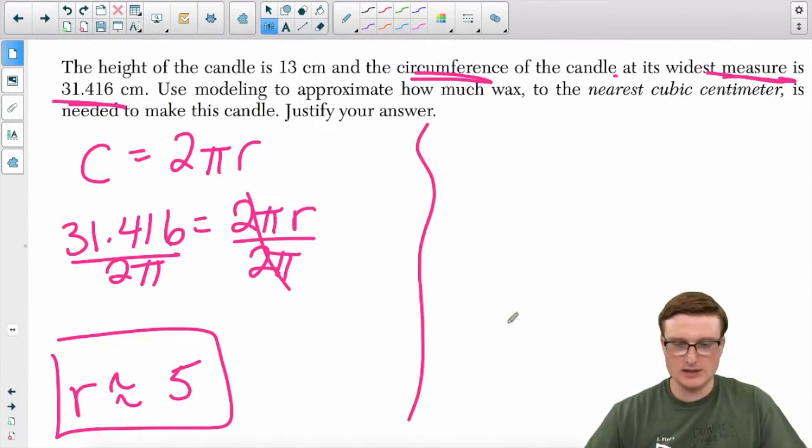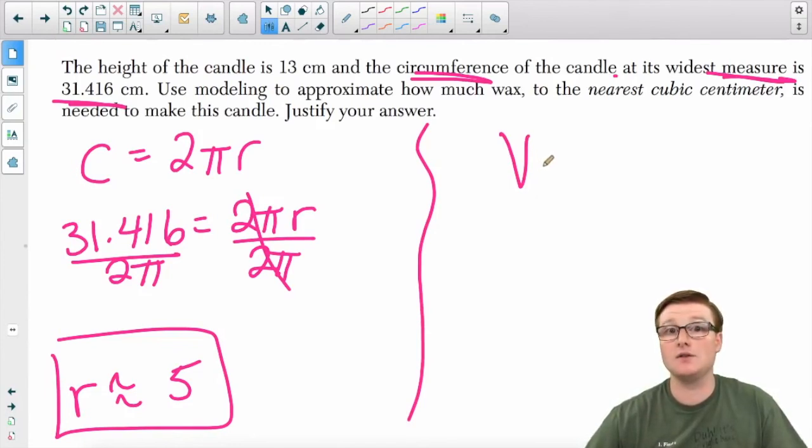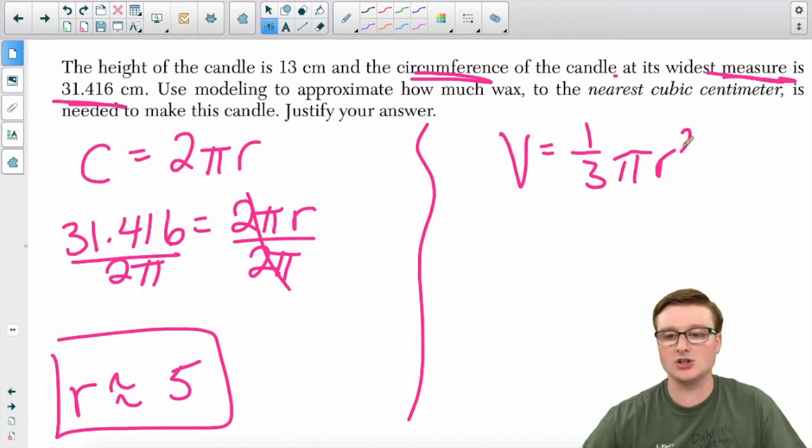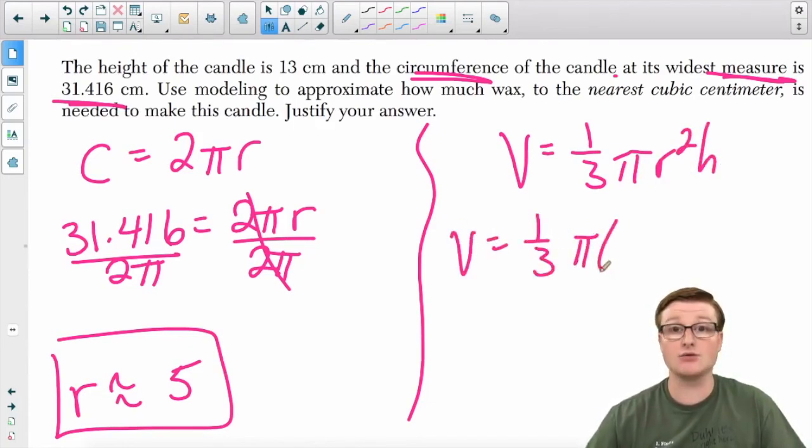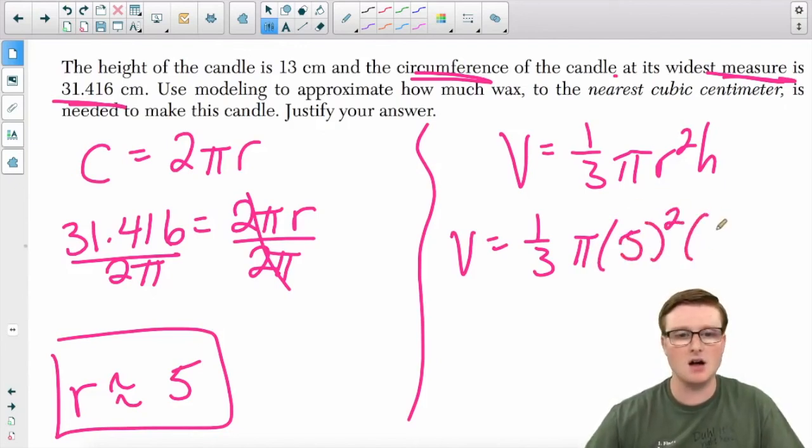Now, you need to find the volume of the cone. The volume of a cone is 1/3 pi r squared times the height. So the volume is equal to 1/3 pi, now the radius is going to be 5 squared, times the height of, looks like 13.